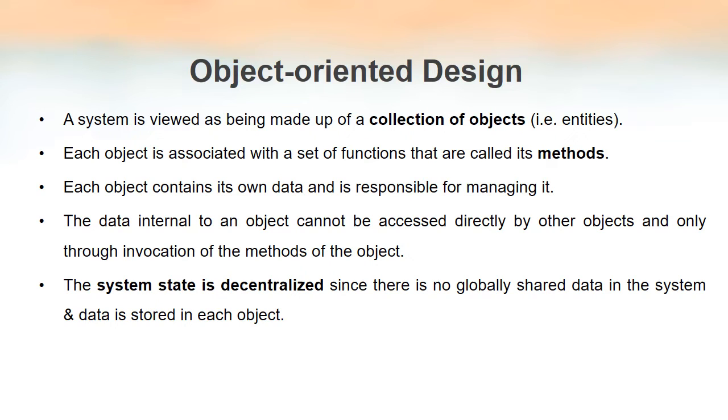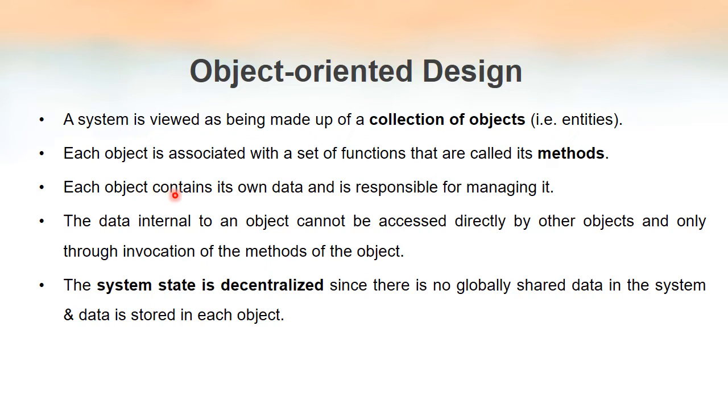Each object is responsible for managing the data it holds. That is the main thing that we have to remember about object oriented design. In function oriented design, there was something known as the global scope, global variables, that is the centralized system state.